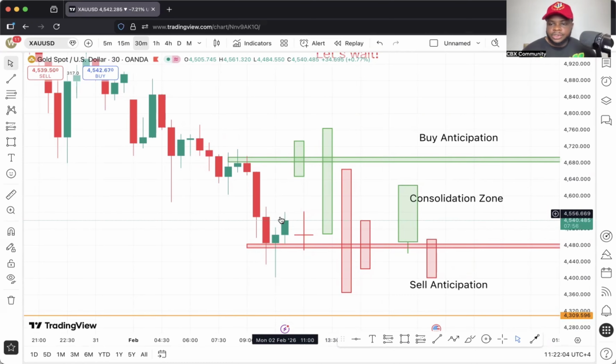This 30 minutes candle is left with 7 minutes before it closes. So let's wait and see.